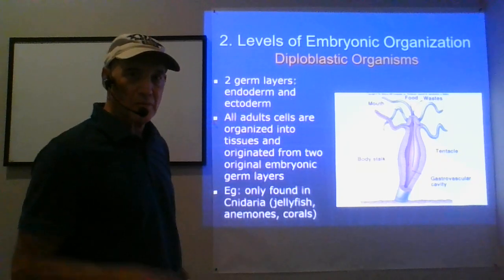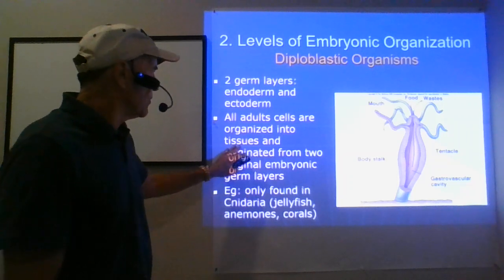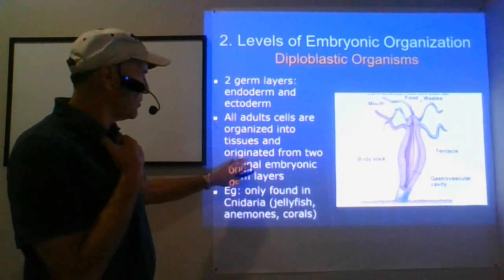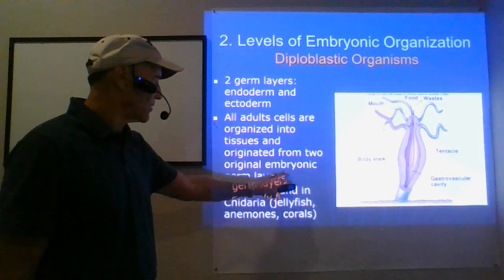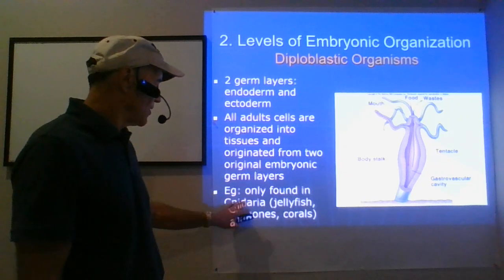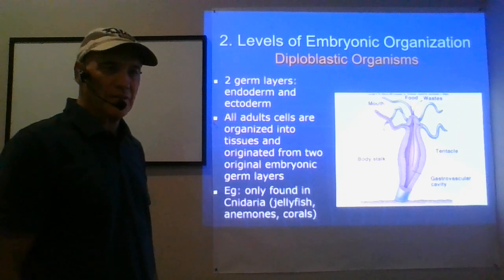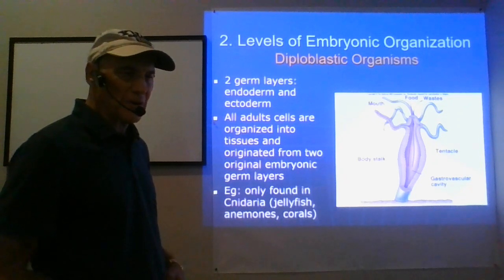Di is two, bi and di both mean two. All adult cells are organized into tissues and originated from two original embryonic germ layers, only found in Cnidaria. So now we had asymmetry in the sponges.